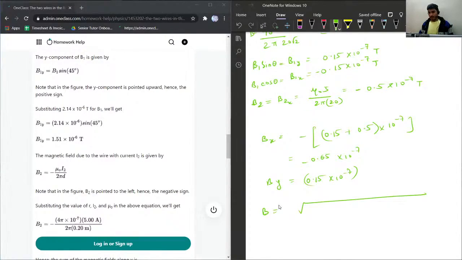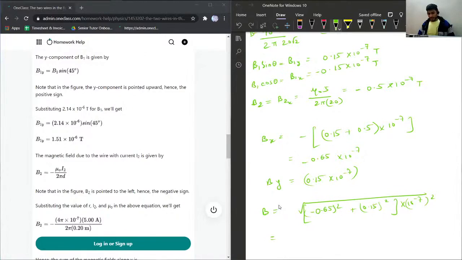So this will be 0.65 whole square plus 0.15 into 10 power minus 7, and this will again be whole square. So I'll just take the 10 power minus 7 outside, and I'll just square this.